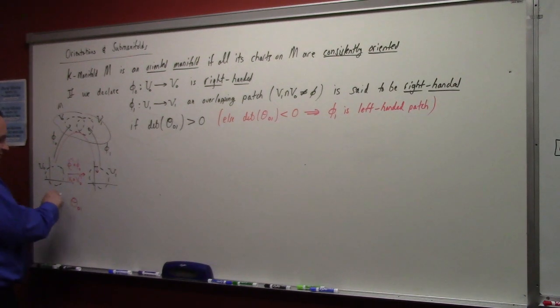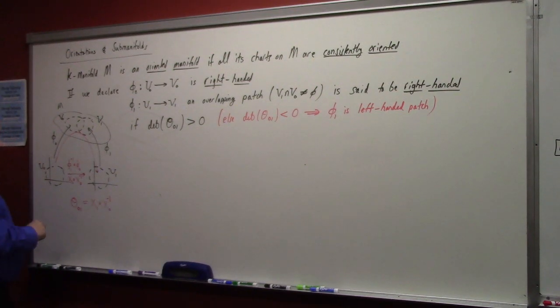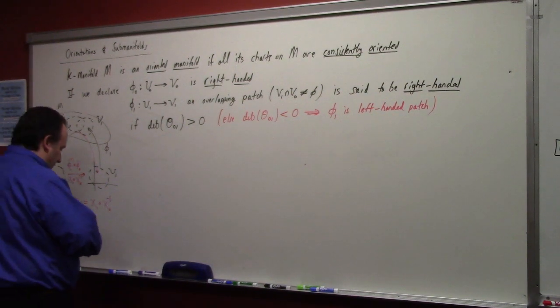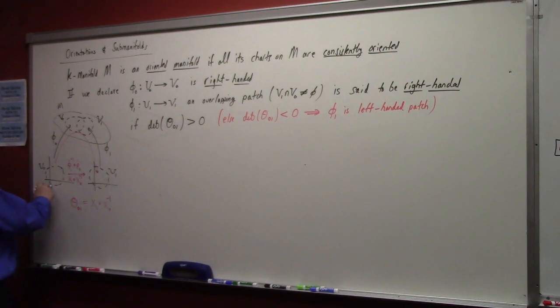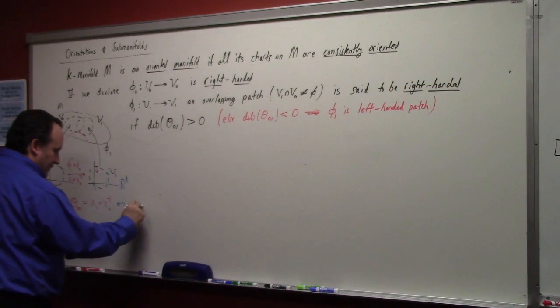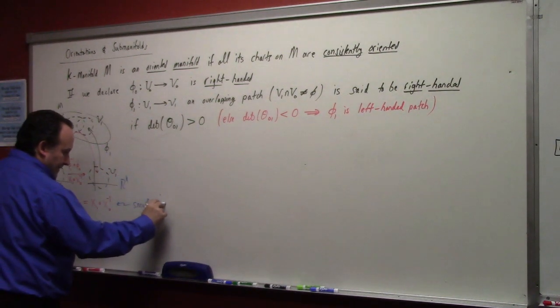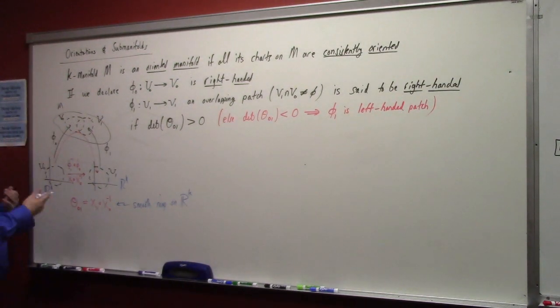Theta 0, 1, going from 0 to 1, is equal to x1 composed with x0 inverse if I'm using the charts. Now that is, by assumption, a smooth map on our R^k, because these are in R^k. So this is a smooth map on some open subset of R^k.